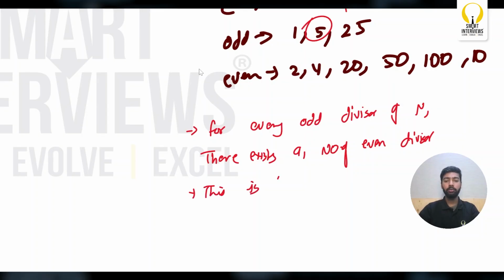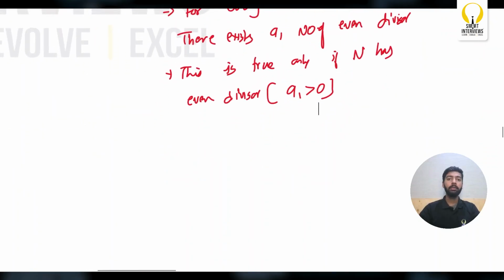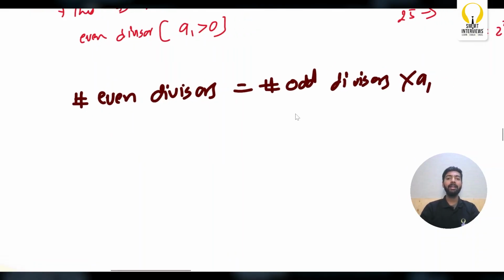This is true only if n has even divisors, that means a1 should be greater than 0. So can I say the number of even divisors is nothing but the number of odd divisors into a1, where a1 is the power of 2.